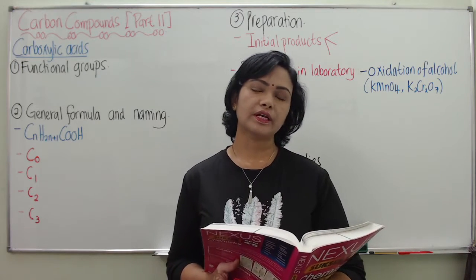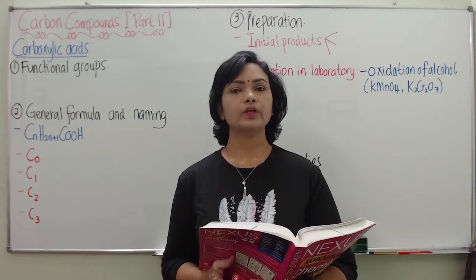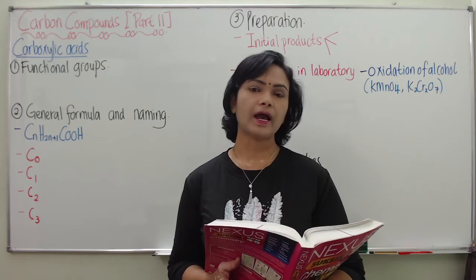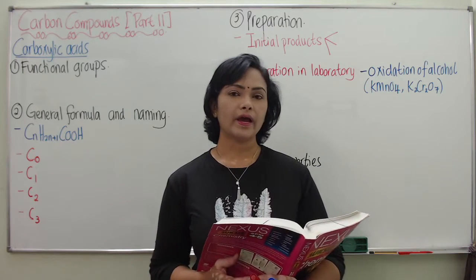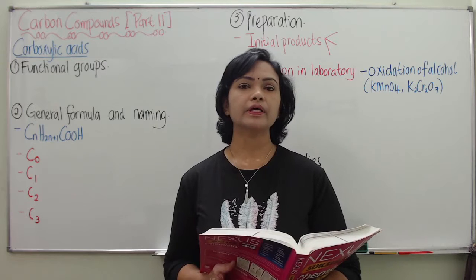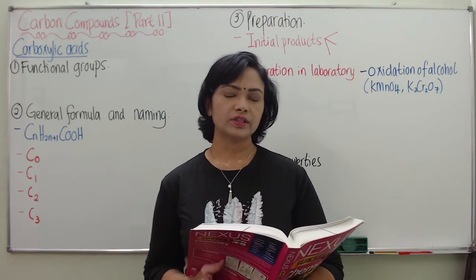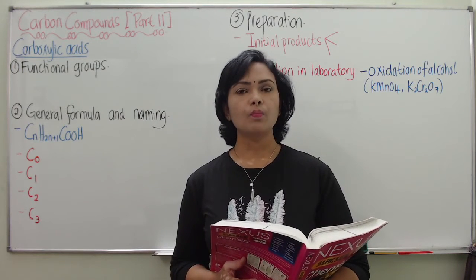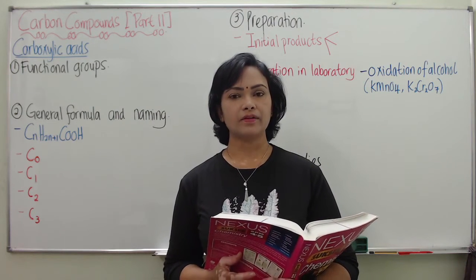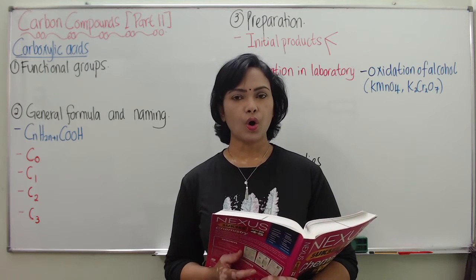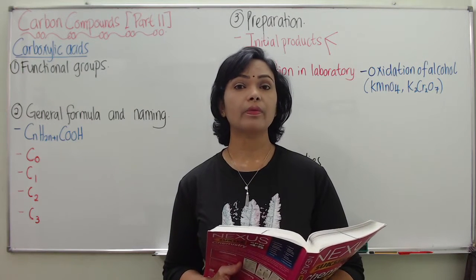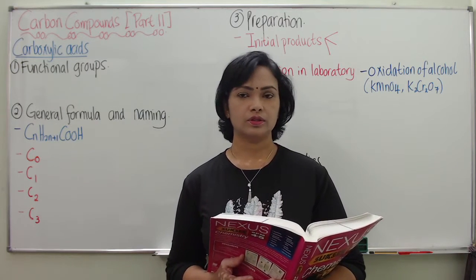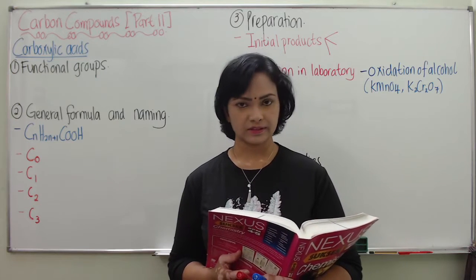Students would have known roughly about carboxylic acid when I was explaining about alcohols, where alcohols can be oxidized using strong oxidizing agents, which are potassium manganate(VII) solution or potassium dichromate(VI) solution, to produce carboxylic acid.